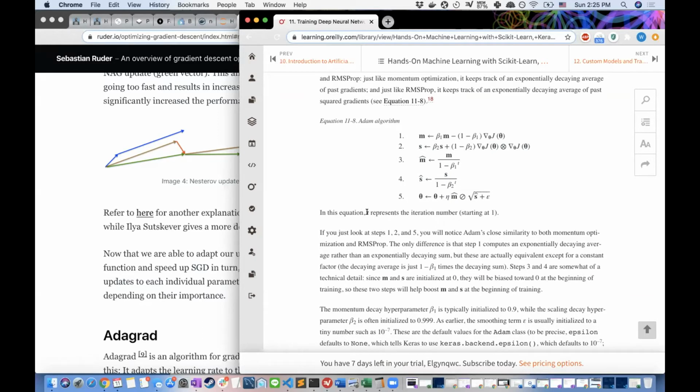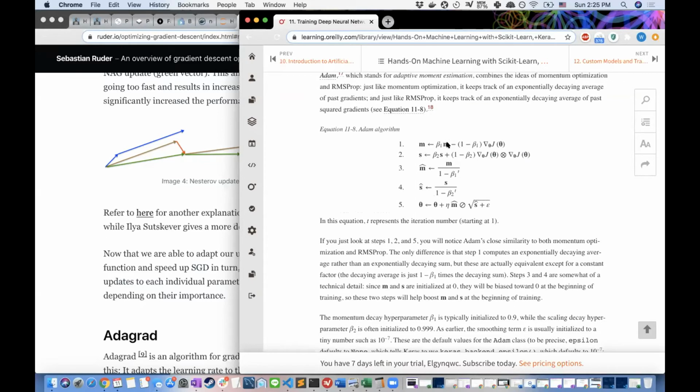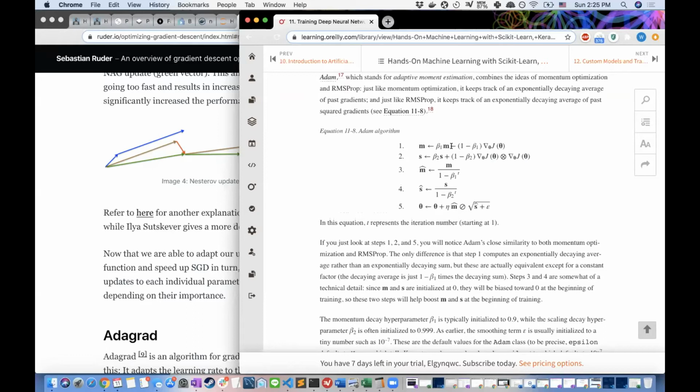In this equation, T represents the iteration number. Let's go through each line in a little bit more detail. Beta 1 is the hyperparameter that you set. It's usually 0.9. So 0.9 times your previous momentum vector plus 1 minus 0.9, that's 0.1, of your current gradient.